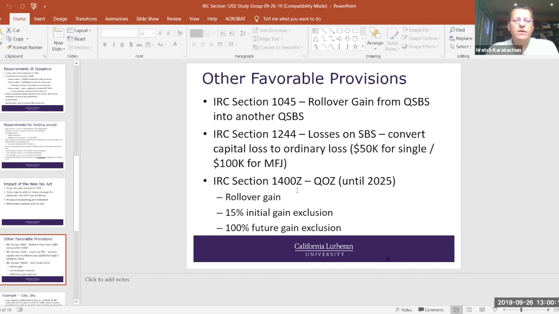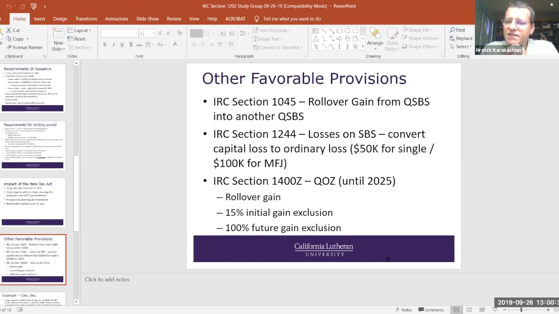In other words, if the entity the gain is being rolled over into is a C corporation, then it's possible to get the 1202 benefit and the opportunity zone benefits together.